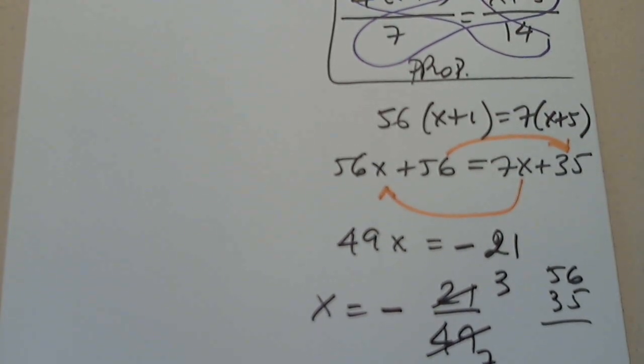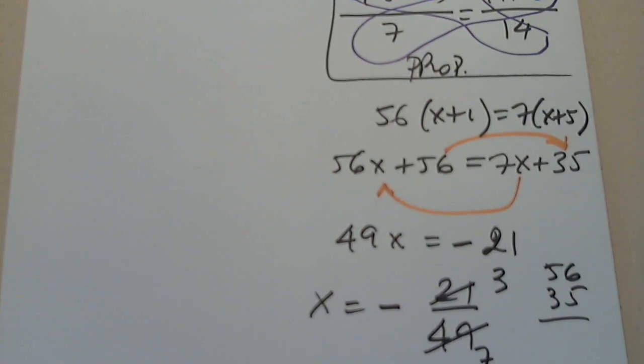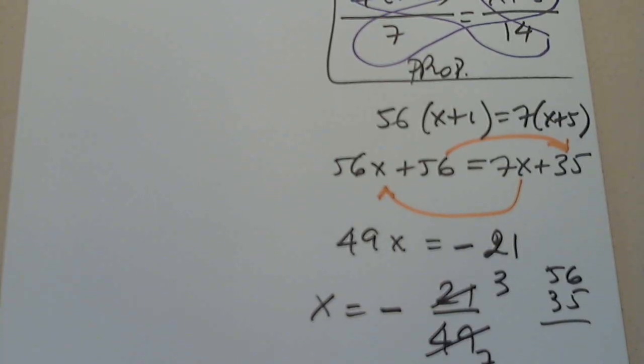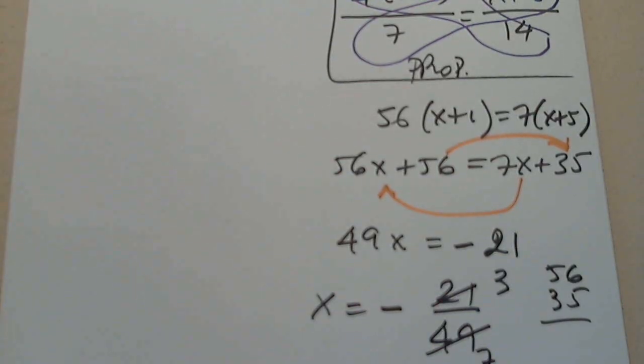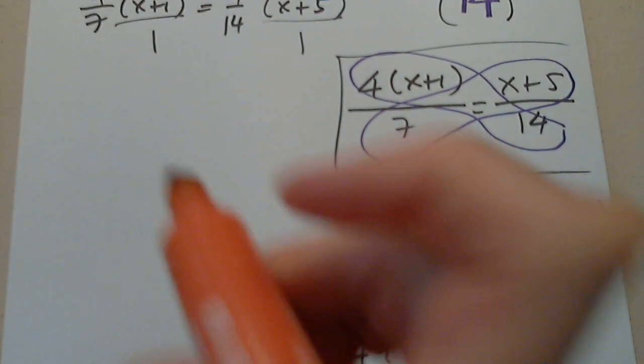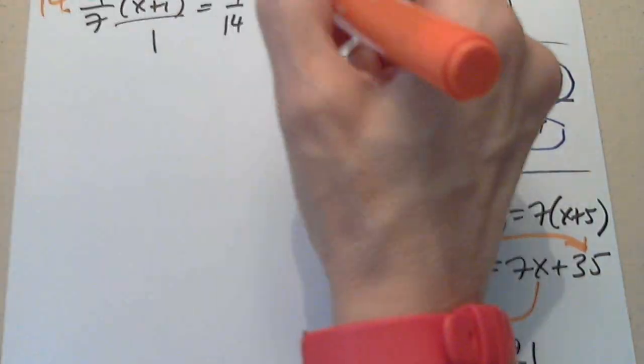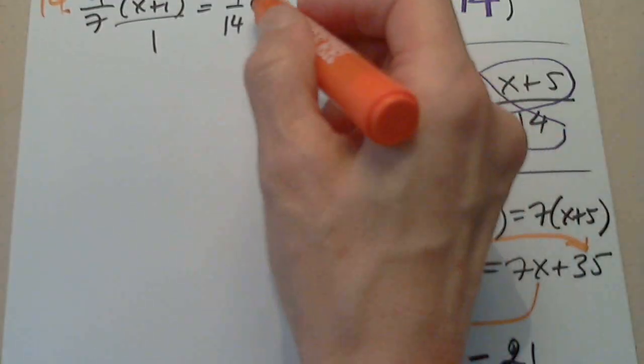Let's see what we get with the other one. We have to get negative 3/7. Otherwise we make a joke out of math. So let's do that. When we multiply both sides by 14, we simplify before we multiply. Times 14, times 14. Here's easy, nice.